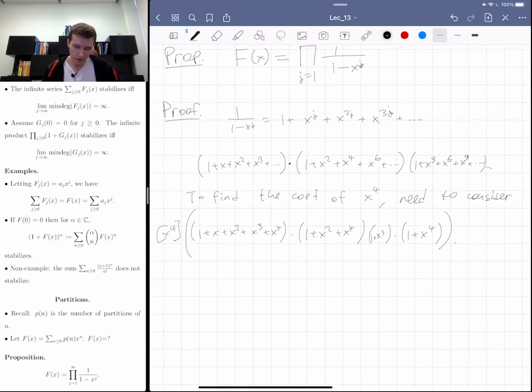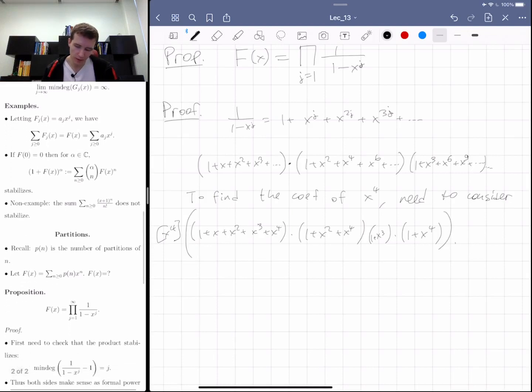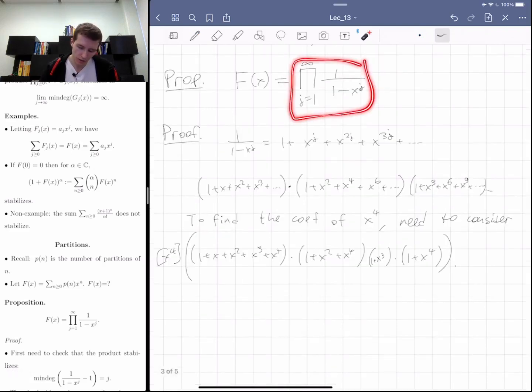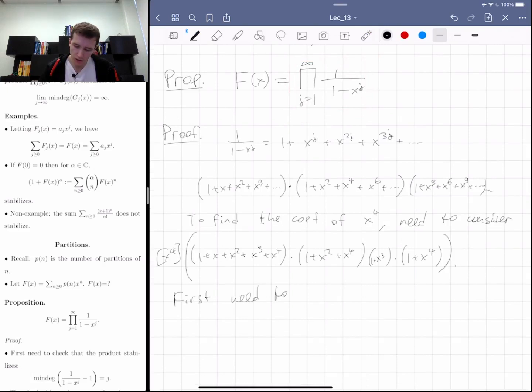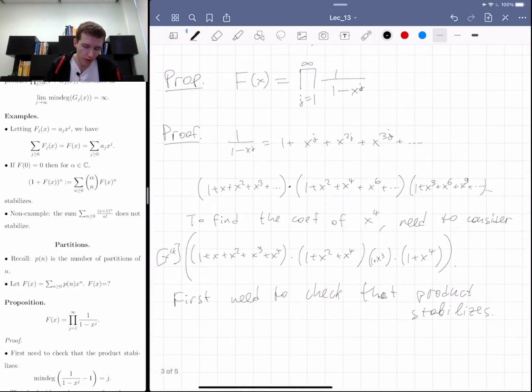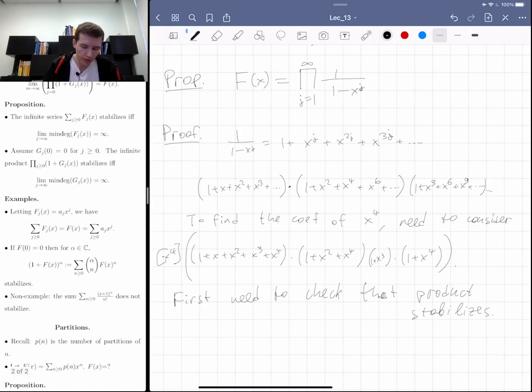Okay, and so in general, the proof is very simple. First of all, whenever I write such a product on the right-hand side, I first need to check that the product stabilizes. Remember, if you have an infinite product, each factor is of the form 1 plus g, and you have to look at the degree of g, not the degree of 1 plus g.